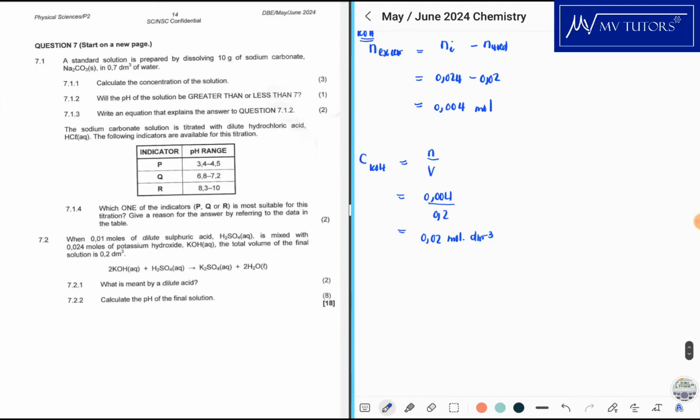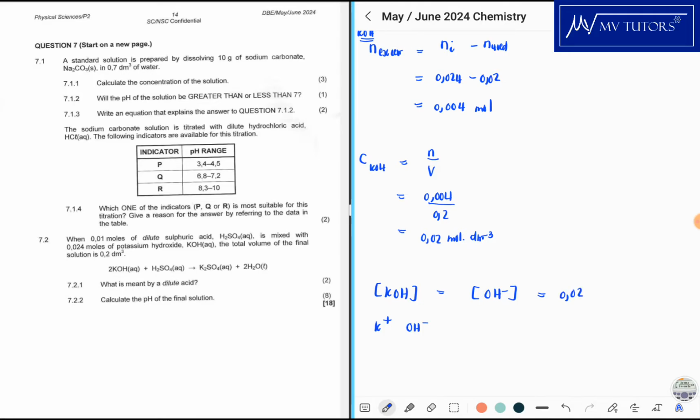Now, the concentration of potassium hydroxide is really just equal to the concentration of the hydroxide. That's why I said because it dissociates completely. We have 1 mole of potassium, the charge there is just positive and there we have negative. So it's fine. We can conclude that the concentrations are the same.